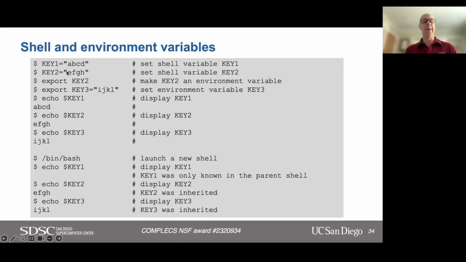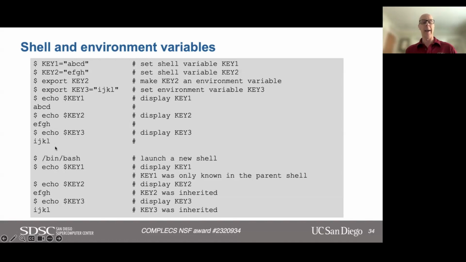But even better, instead of doing this on two separate lines, I could define a variable and make an environment variable all in one fell swoop by doing export, in this case key3, equals the string ijkl. So now if we do an echo $key1, $key2, $key3, we can see what the values are.